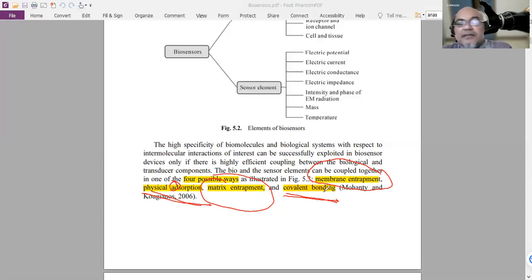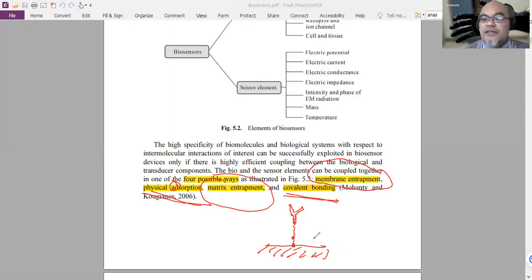Usually it will need a linker molecule, a linker chemical species, to link between the biomolecules and the substrate. For example, if we have a substrate here, using covalent bonding we can specifically bind the base part of the antibody, and then use a special linker to link to the surface of the transducer.